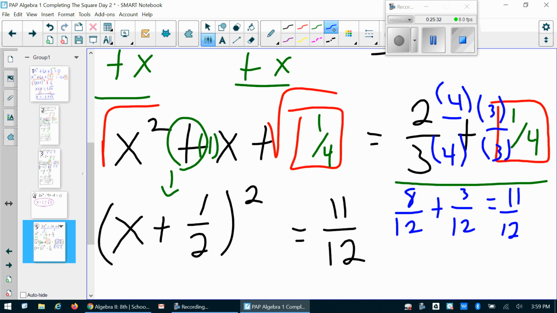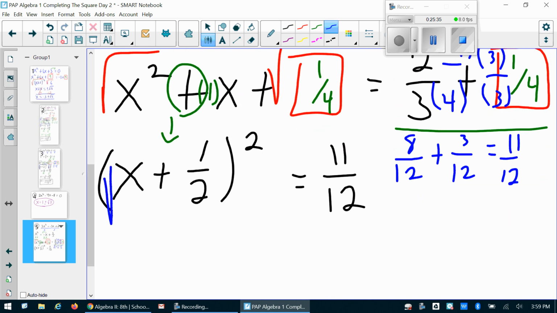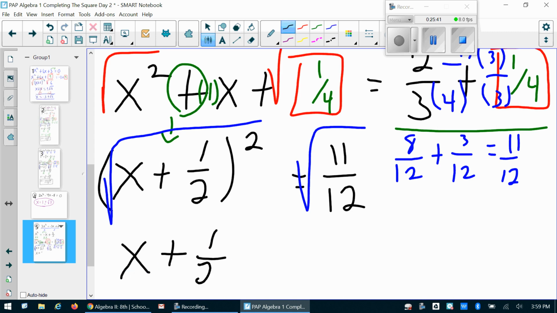Once I have that square term, I'm good to square root both sides. That gives me x plus 1/2 equals plus or minus root 11 over 12. Now on this one, root 11 is just root 11. Root 12 is 2 root 3, but I don't need to see that with this one. I'm good with you just leaving it like this.